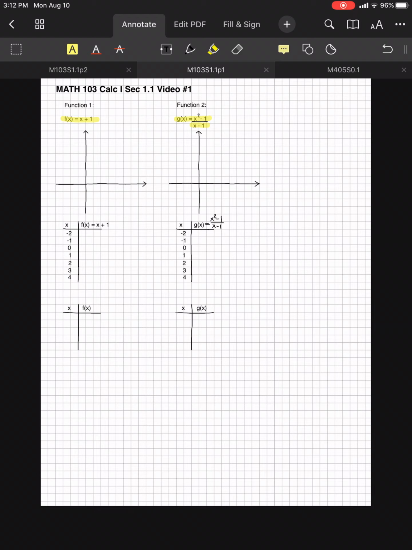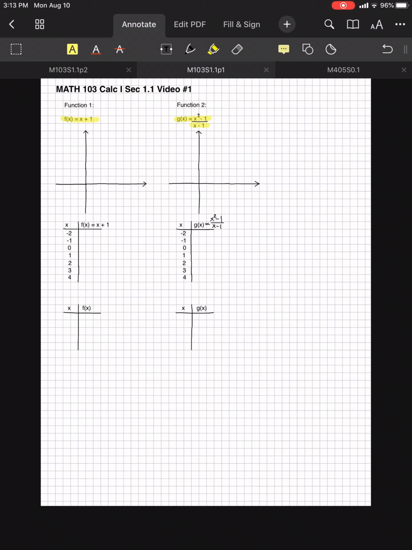One is as a formula, which we've got here, highlighted in yellow. Another is as a graph, which we'll put below the formula on those x and y axes. And the third is as a table of values, which you can see right below those graph axes that we've got set up. So that's where we're going to start today.